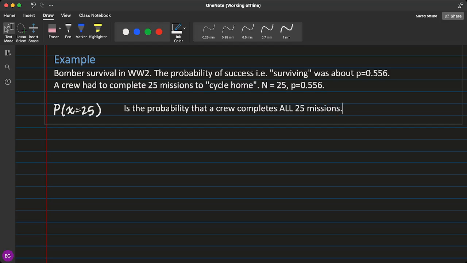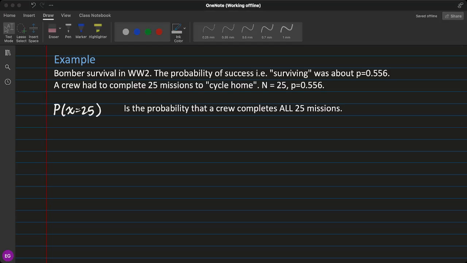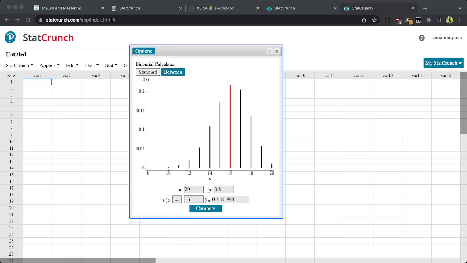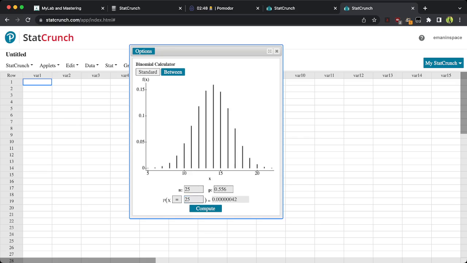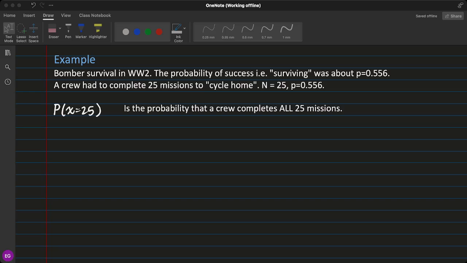Okay, so we're going to switch over to StatCrunch to calculate this. So n equals 25, probability of success equals 0.556. We want to know the probability that a crew completes all of the missions. And it's pretty tiny. You get this number, which we will switch back to look at.